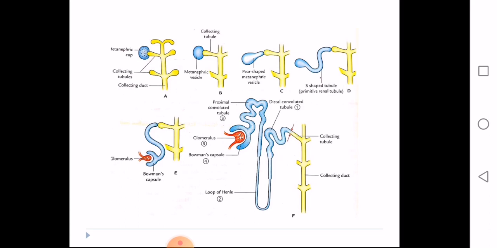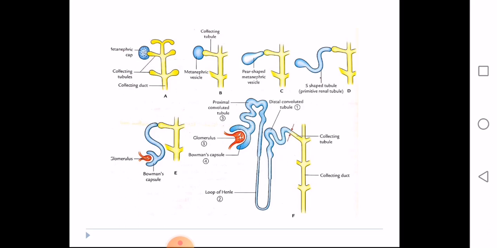And how is it becoming the Bowman's capsule? By becoming invaginated by a tuft of capillaries that form the renal glomerulus. These tufts of capillaries also develop from the nephrogenic cord. Actually, they develop from the angioblastic tissue of the nephrogenic cord.